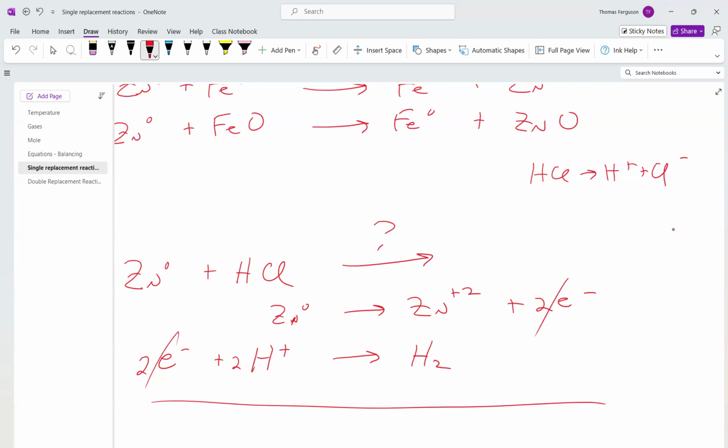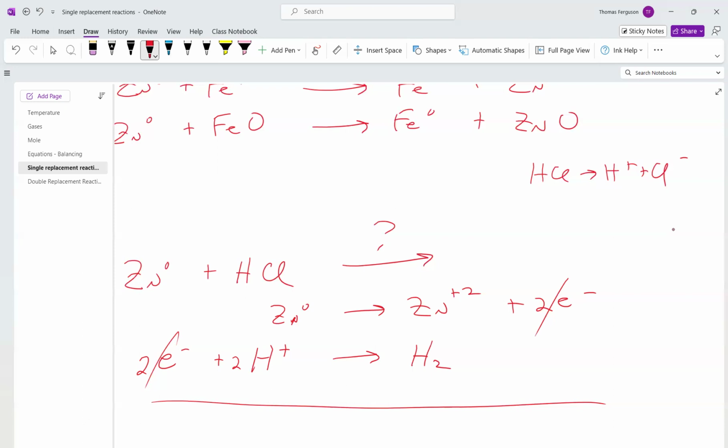You're going to have to explain whether it doesn't happen or does happen. It's going to be because of the location of the metal and the salt in the activity chart.